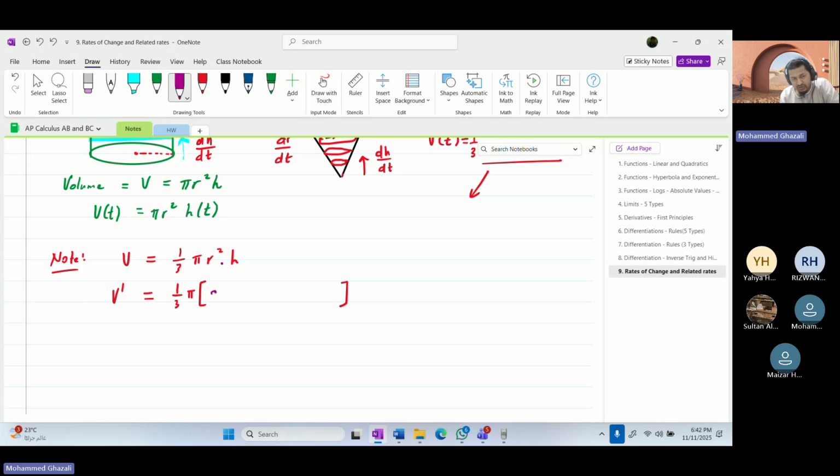What's the derivative of r squared? 2r r prime, leave the h, plus what's the derivative of h? h prime r squared. So now let's write this whole thing out. What is r prime? r prime is dr/dt. It's a function in time. What is h prime? dh/dt. And what is V prime? dV/dt. Are we good, guys?